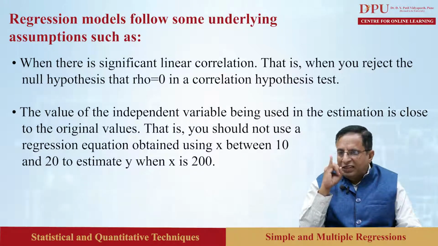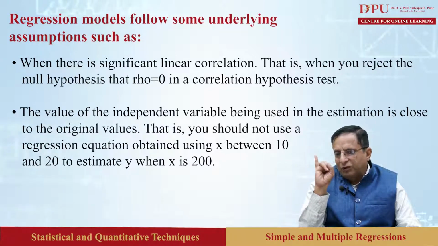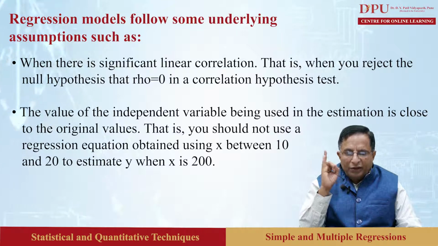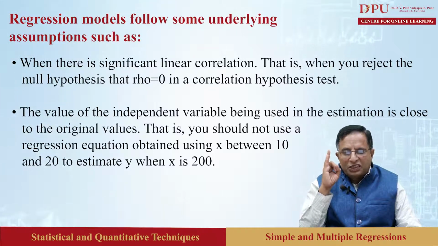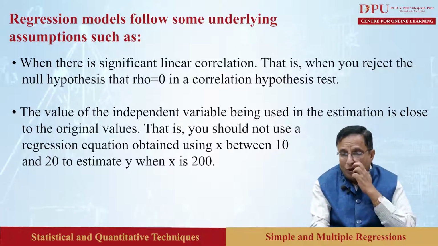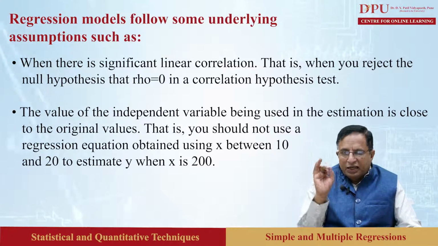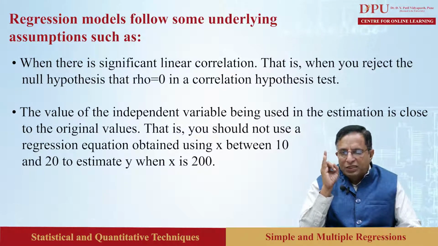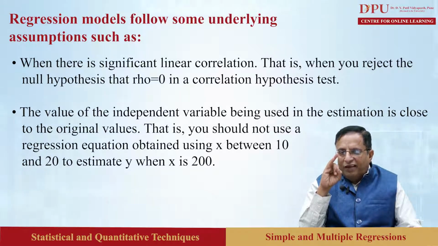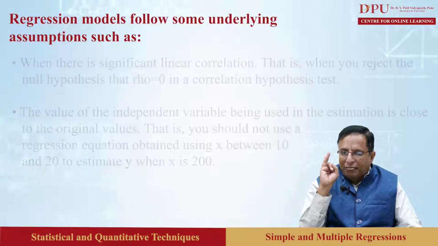That is, when you reject the null hypothesis that rho is equal to 0 in correlation hypothesis test 2. Second, the value of the independent variables being used in the estimation is close to the original values. That is, you should not use a regression equation obtained using x between 10 and 20 to estimate y when x is equal to 200.